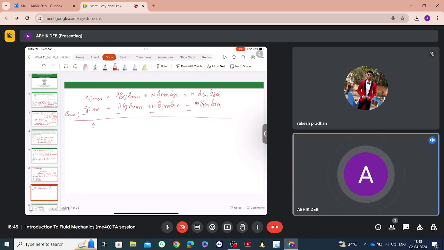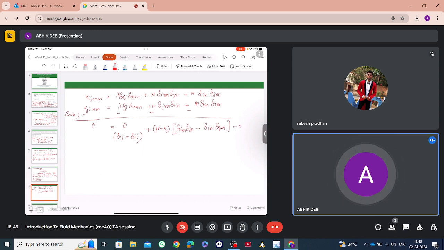This is 0, and this is also 0, since delta ij is equal to delta ji, and here we will get mu minus r times delta im delta jn minus delta in delta jm is equal to 0.